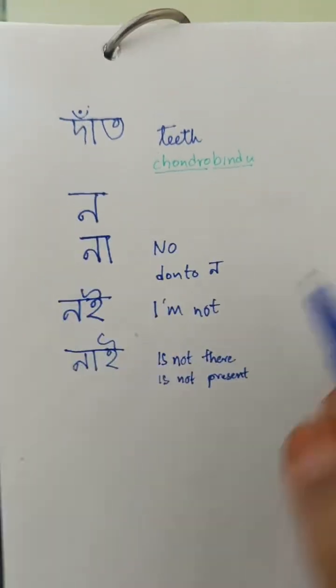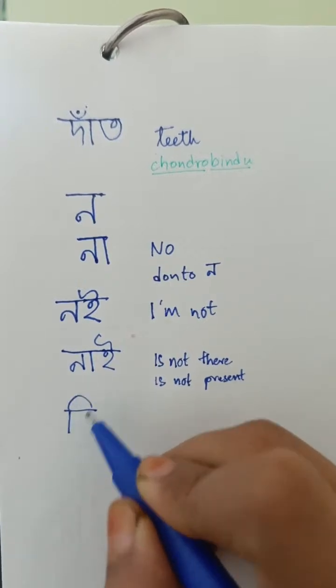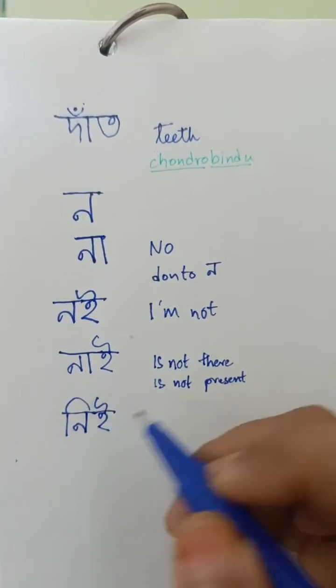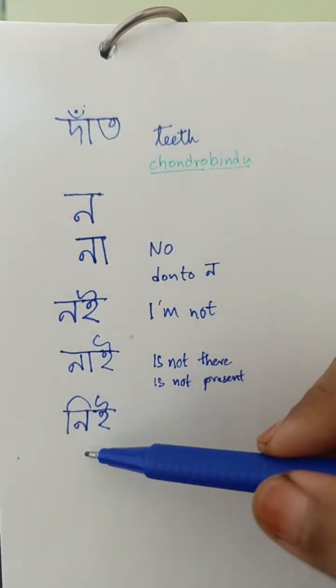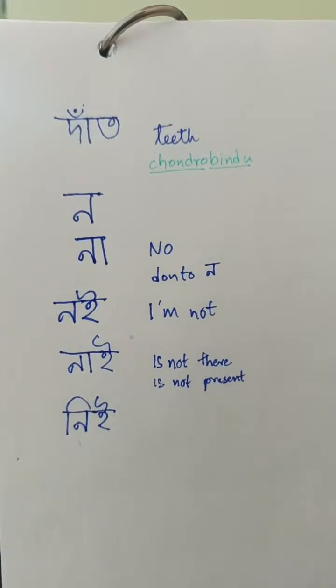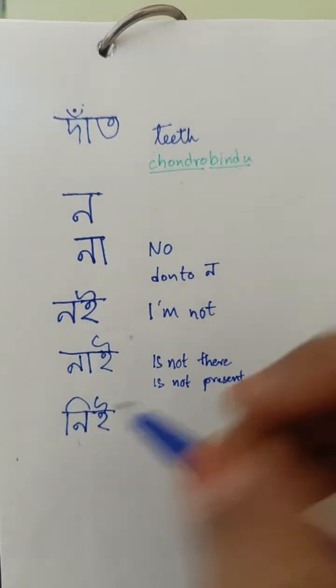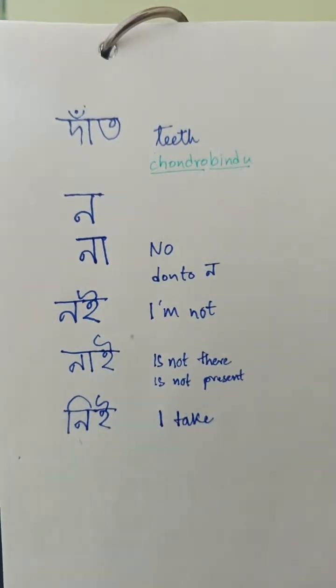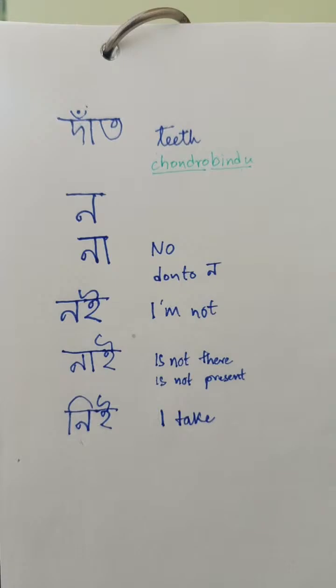Okay, if we put ikar on this, so this is danto na and rashoi. What happens? We did a similar word, di, in the past. This is ni. So di, if you remember, who remembers what di means? Di meant I give. Ni means I take. Like I take the daily newspaper every morning, or I take this medicine, something you do in general or on a regular basis.